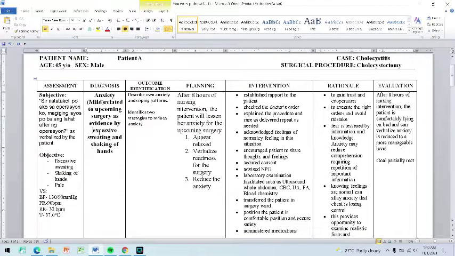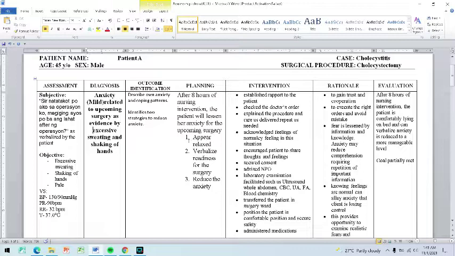Shaking of hands and excessive sweating can be addressed by reducing the anxiety. If we address the root cause of anxiety, then these signs and symptoms of anxiety will be removed.